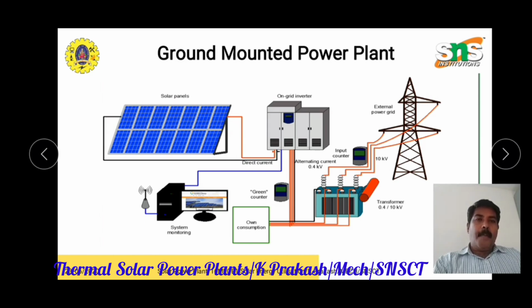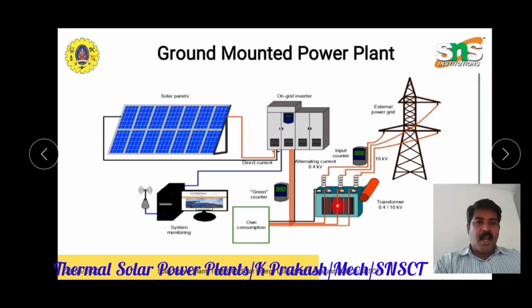These solar panels can be installed according to the size of the solar power plant. When the panels are exposed to sunlight, direct current flows. This current, by using on-grid inverters, can be sent to the external grid outside.